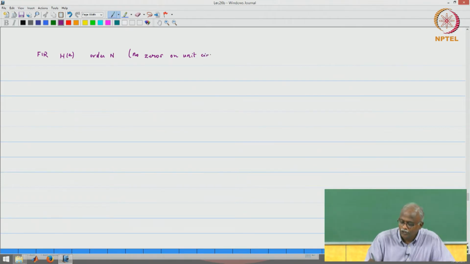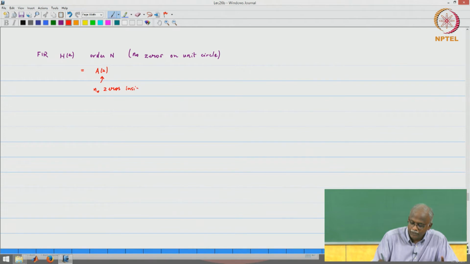If I group the zeros that are inside the unit circle, which I will call A of Z, and there are, let us say, n0 zeros inside mod Z equal to 1, multiplied by B of Z, which captures the zeros that are outside the unit circle, and there are n1 zeros outside mod Z equal to 1.